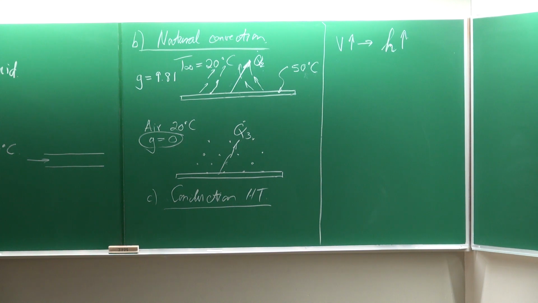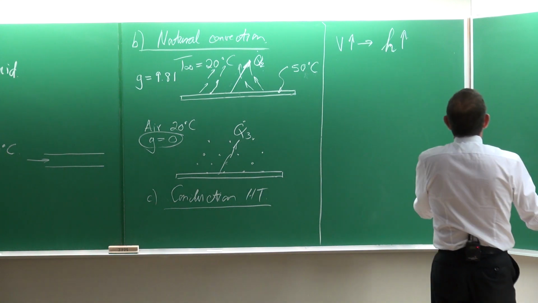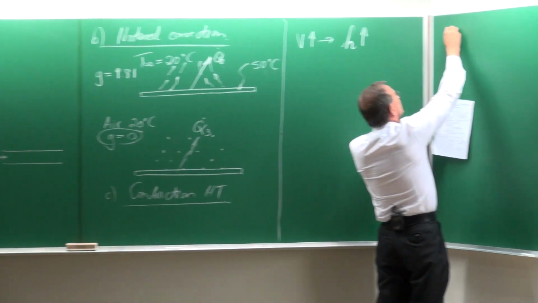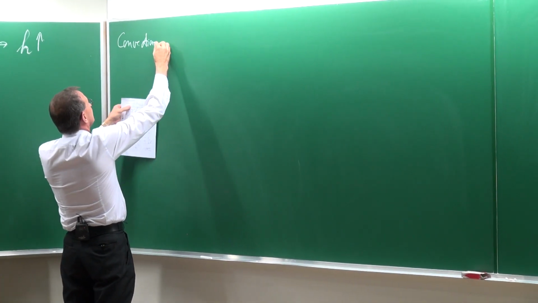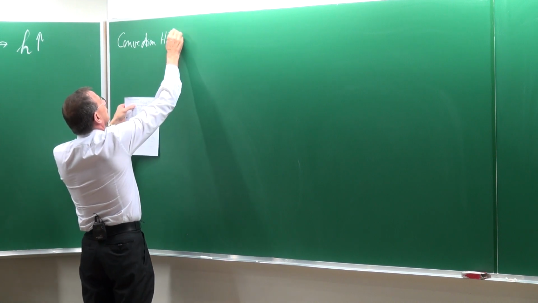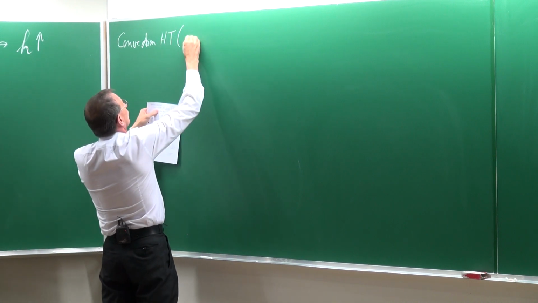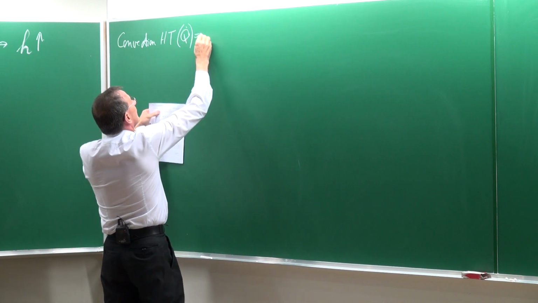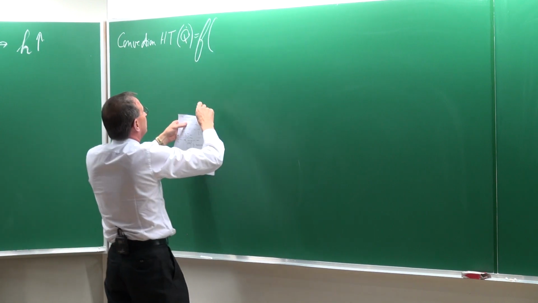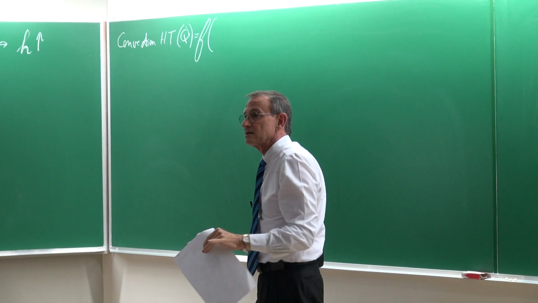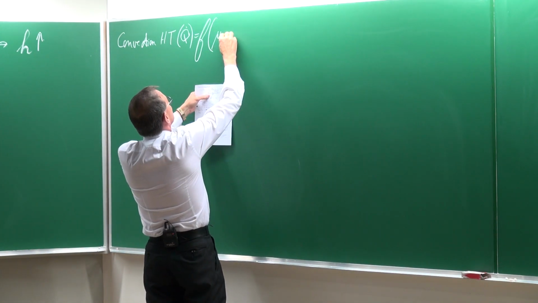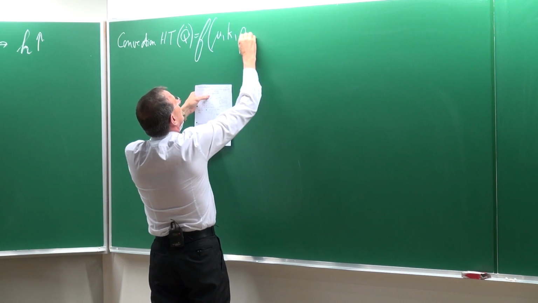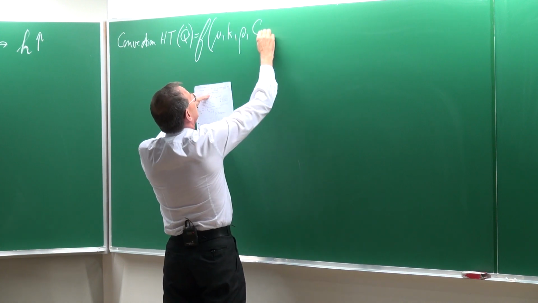Now, convection heat transfer is actually very complicated in the sense that the heat transfer rate, or Q dot, is a function of quite a number of things. The heat transfer rate will be a function of viscosity, K, density, and Cp.